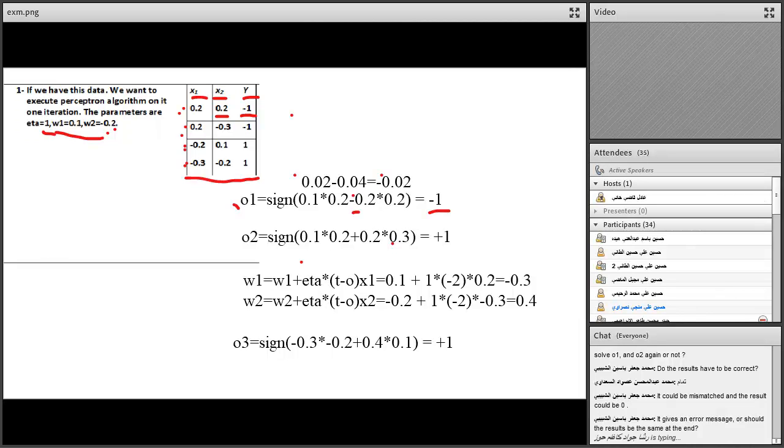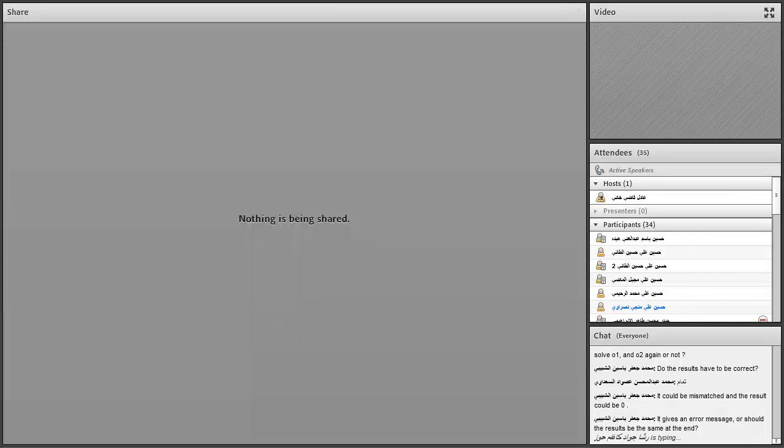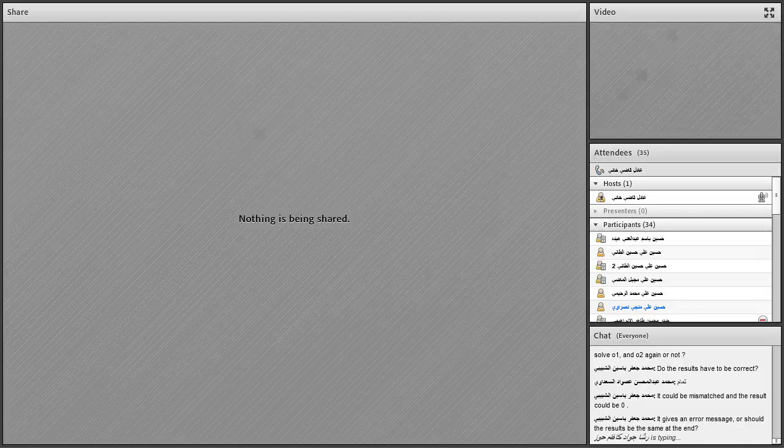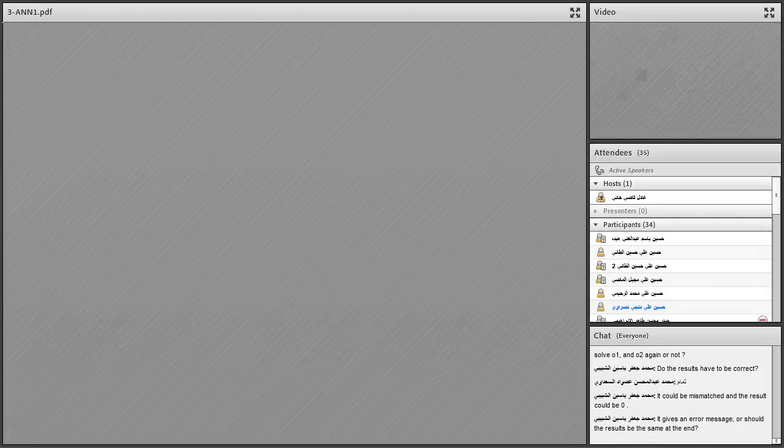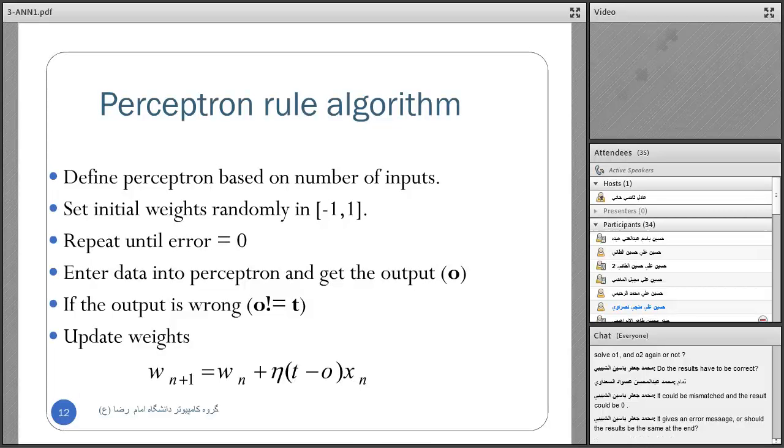Let me go to the algorithm again. As I said, in this loop we are entering the data into the perceptron, we are getting the output, and then checking the output compared to the target.